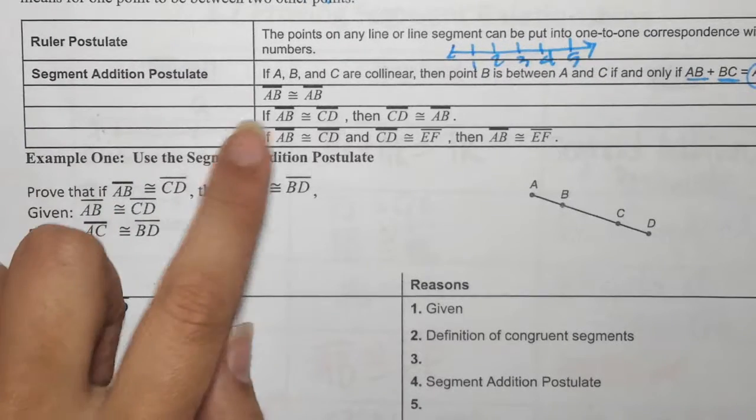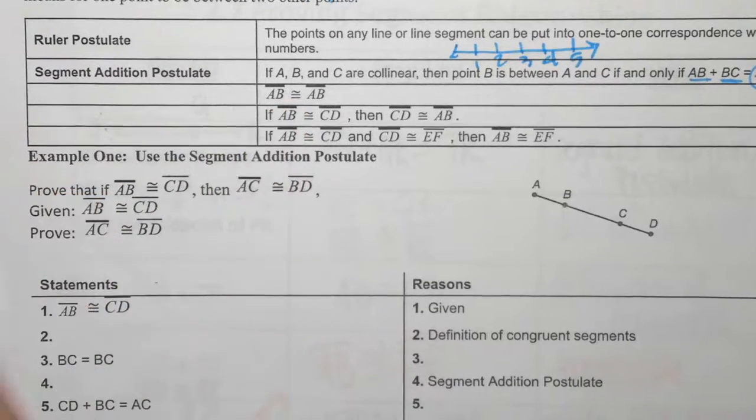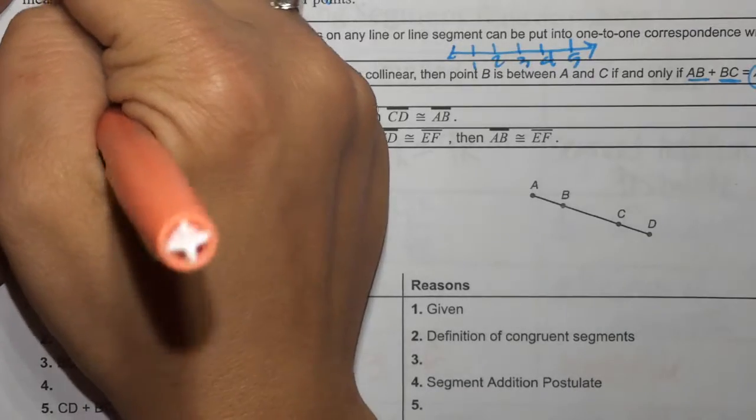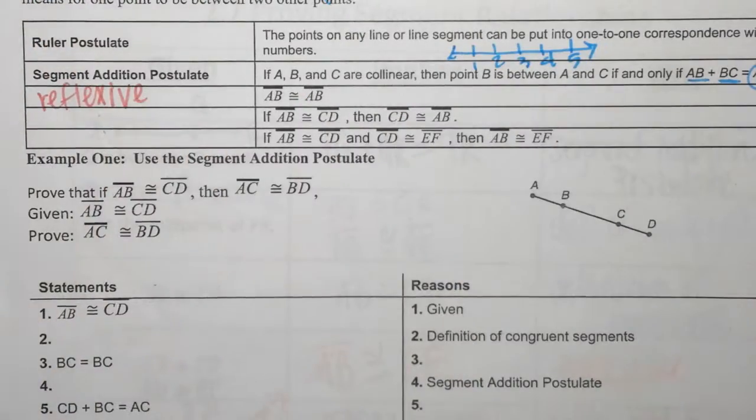What is this property? Reflexive. Can you tell me what the next property is?